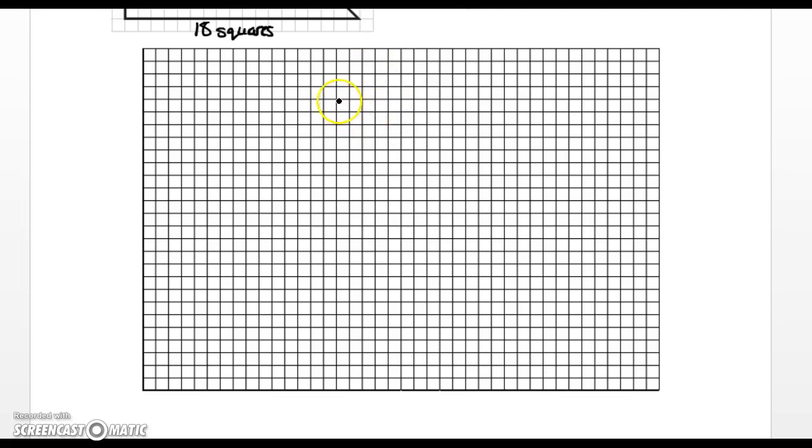I'm going to use a bigger pen for this here. So we have 1, 2, 3, 4, 5, 6 here. Then going diagonally, I'm going to go 15 squares. So we have 1, 2, 3, 4, 5, 6, 7, 8, 9, 10, 11, 12, 13, 14, and 15.